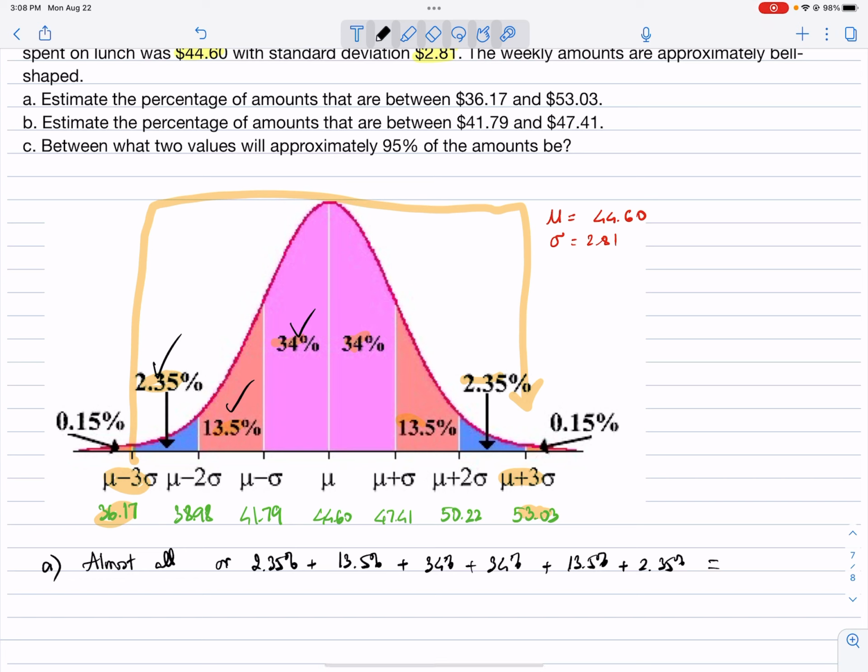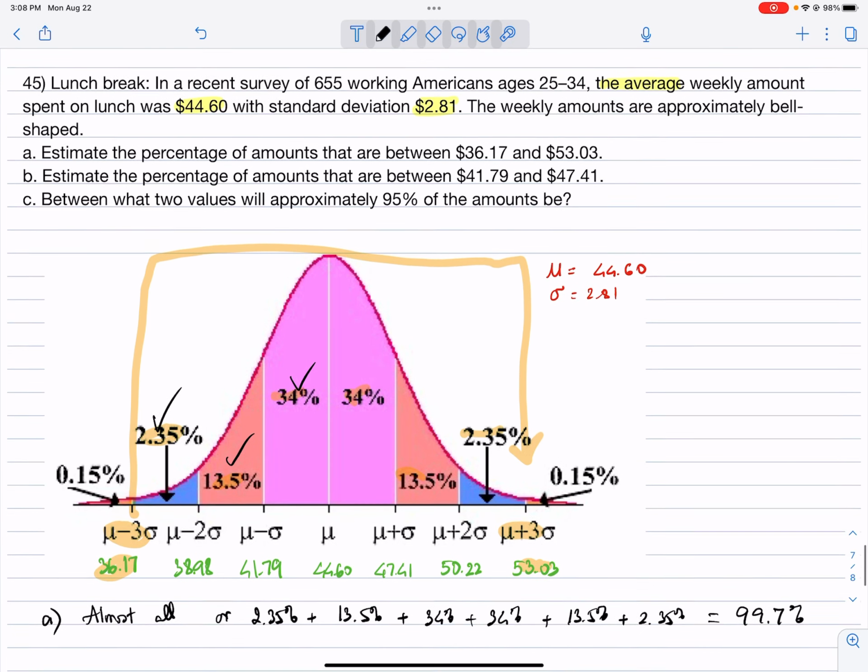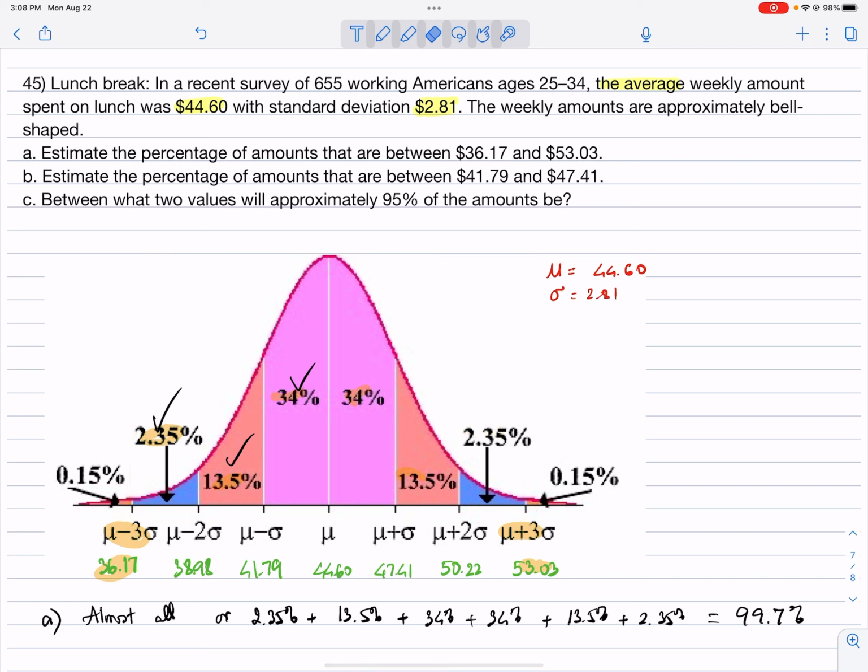Then you will get 99.7%. That means about 99.7% of the data fall into this region.